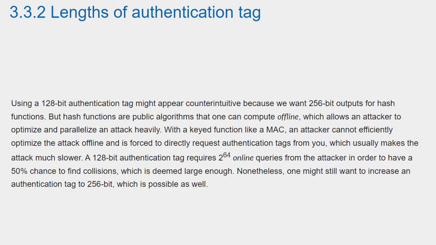A 120-bit authentication tag requires 2 to the 64th online queries from the attacker in order to have a 50% chance to find collisions, which is deemed large enough. Nonetheless, one might still want to increase an authentication tag to 256-bit, which is possible as well.